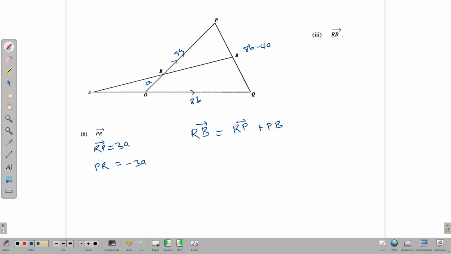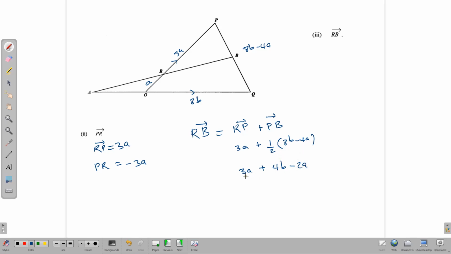Now, RP, we know that to be 3A. And PB is half of PQ. And we're going to write half of 8B minus 4A. So let's tidy this up and work it out. We have 3A there, plus half of 8 is 4, that's 4B, and half of 4 is 2, so that's minus 2A.